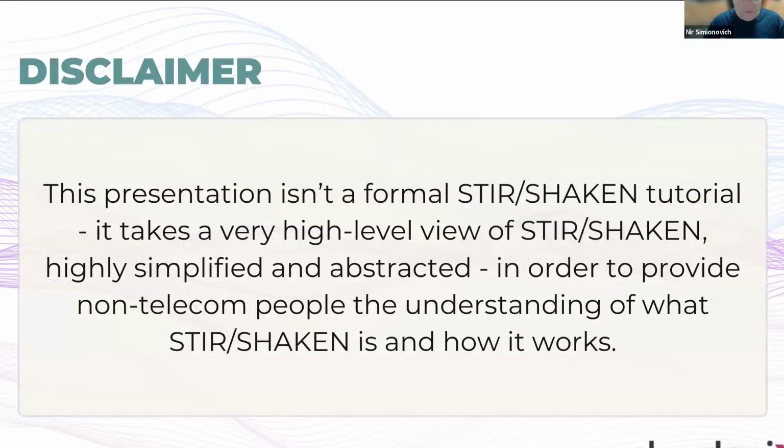One thing you need to remember is that this is not a formal STIR/SHAKEN tutorial, and it doesn't even come close to one. This is a very high level view of STIR/SHAKEN, designed to be incredibly simplified and abstracted so that non-telecom people can understand what it means.